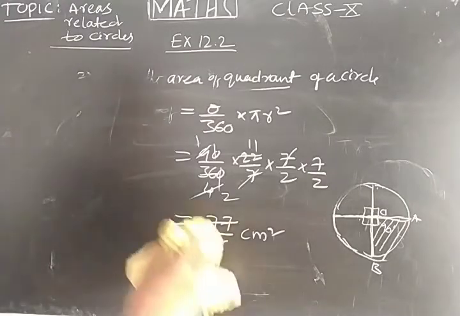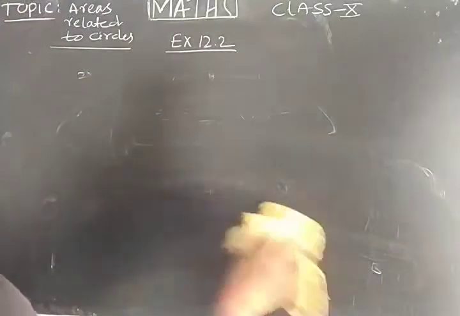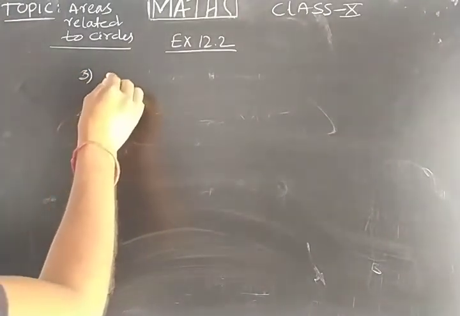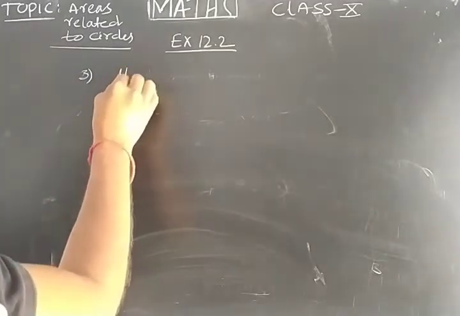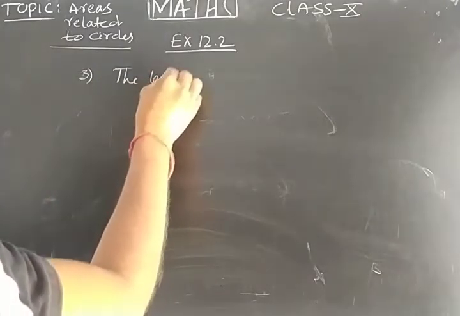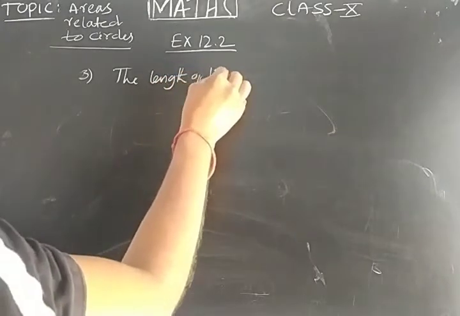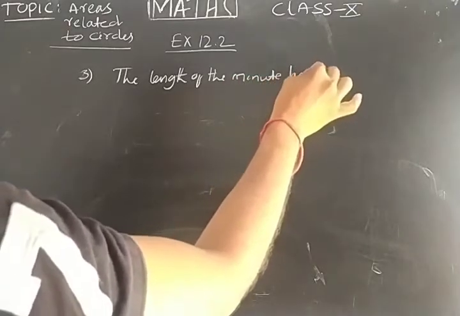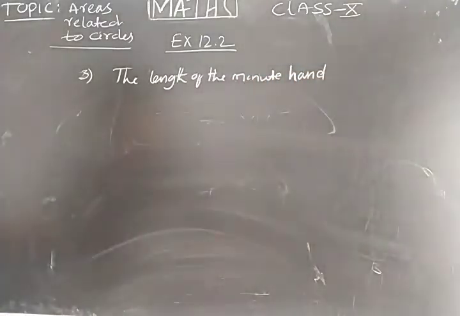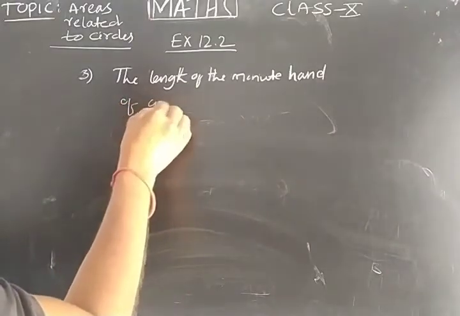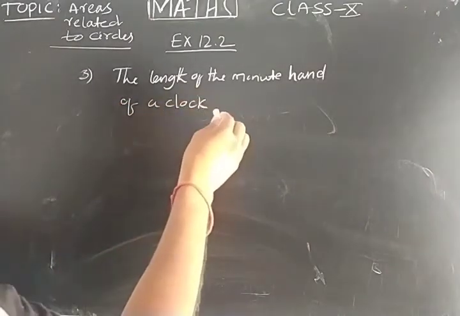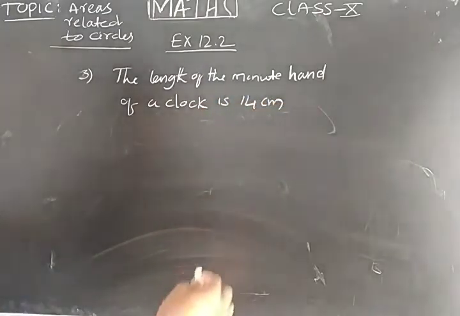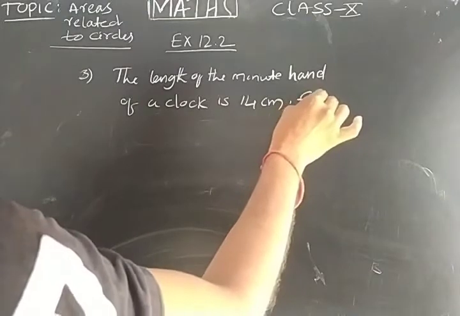Okay, right. Next, problem number 3. See what is given. The length of the minute hand of a clock is 14 centimeters.